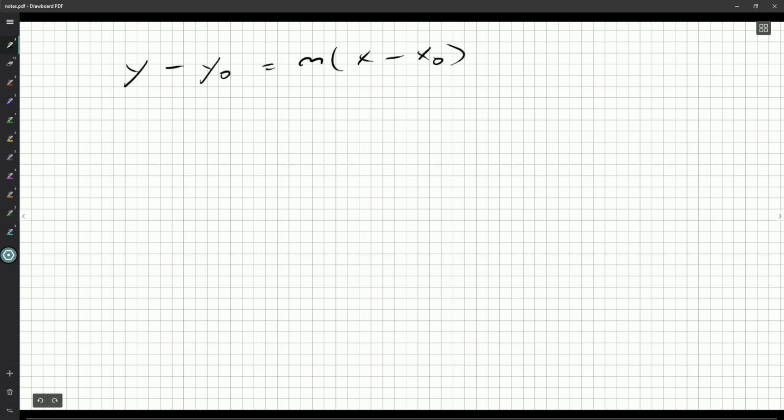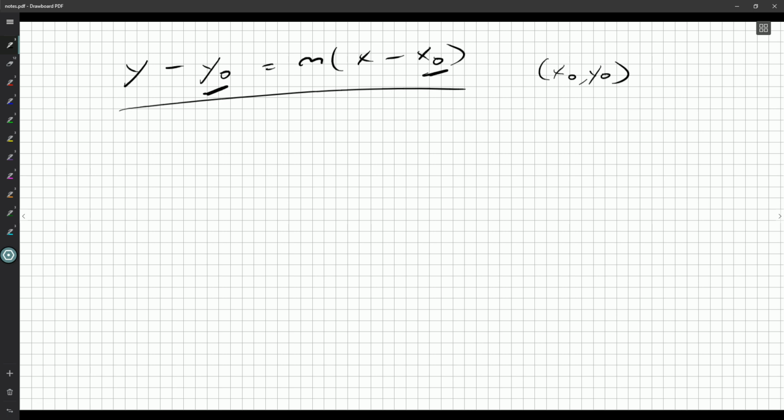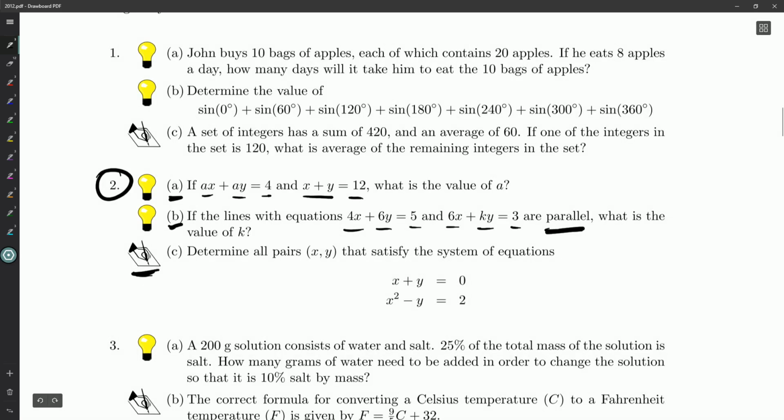M is still the usual slope, but (x naught, y naught) is a point on your line. And this one's not as nice because it's not unique, but it's really helpful in the right situation. And certainly, if you end up taking calculus later in high school or early in university, they tend to use this form a fair bit. So it's useful to know. Okay. But let's move on from 2b.